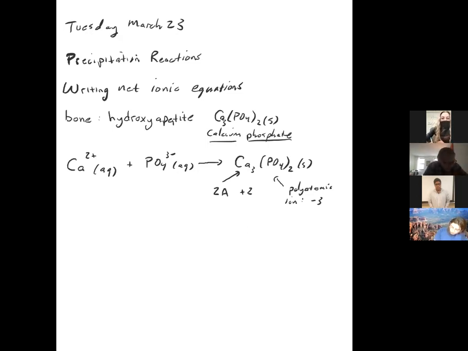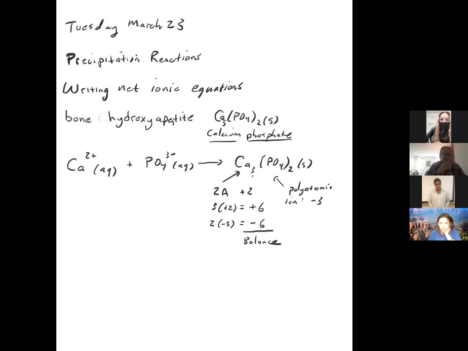So by having 3 of these calcium ions, you get a total positive charge of +6. And by having 2 of these phosphate ions, you get a total negative charge of -6. And guess what? There's your balanced charge, right? That's what determines how many of these ions will combine with each other to form the ionic compound, all right?